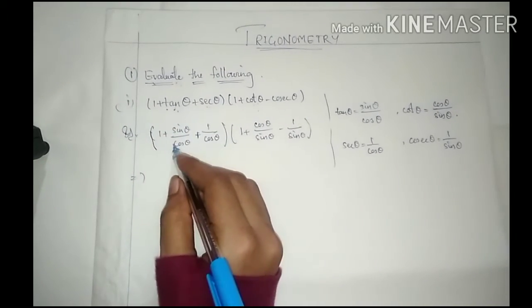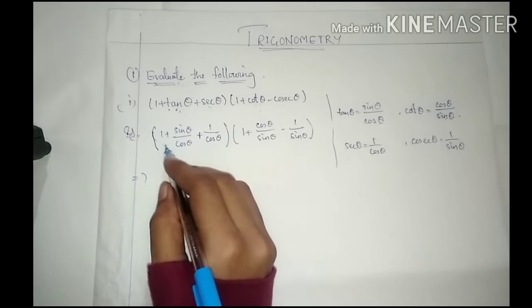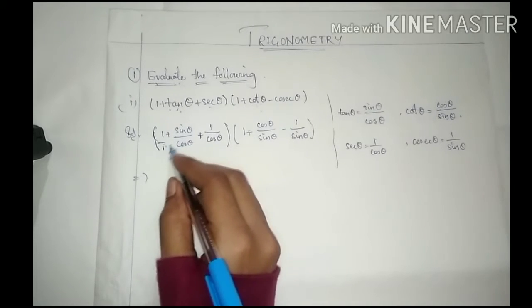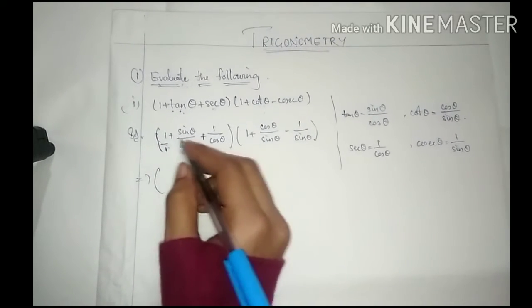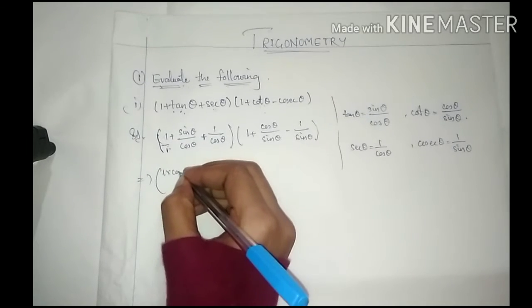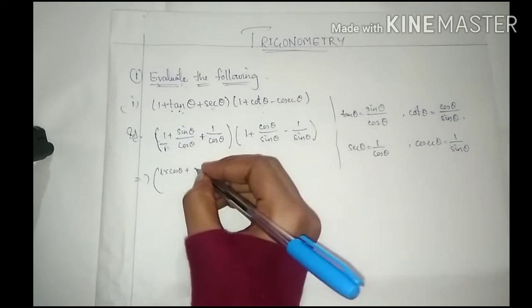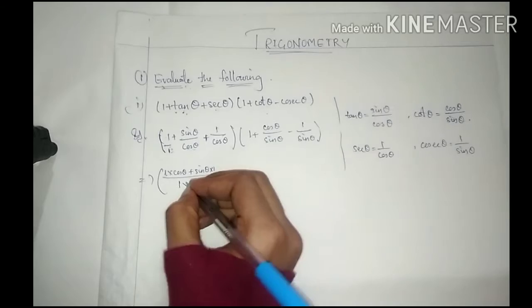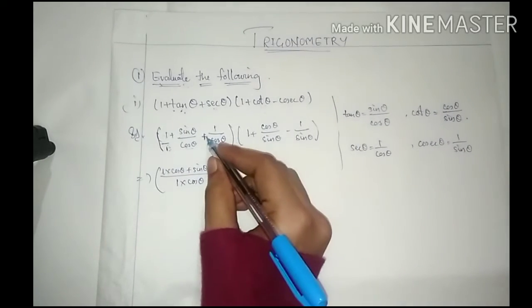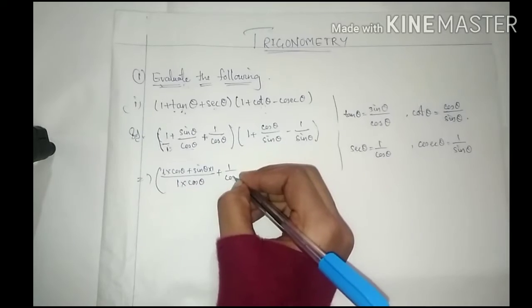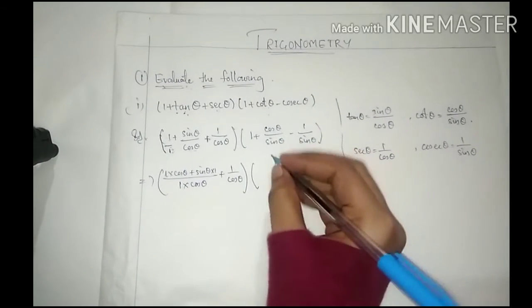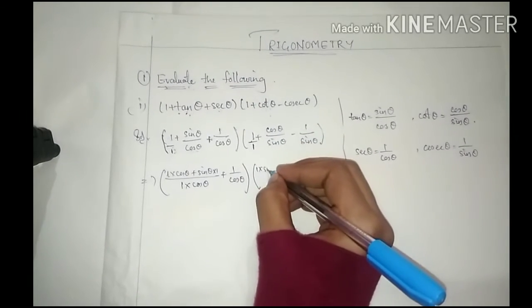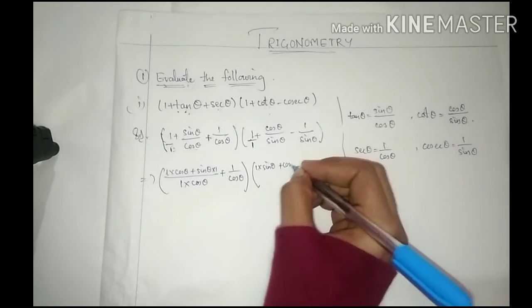Here what we will do, we will take these two terms first. Here you can see nothing is there, so it will always be 1. So we are cross multiplying these two terms. We are taking 1 into cos theta plus sin theta into 1. In the denominator we are multiplying these two, 1 into cos theta plus this we are writing as it is. Similarly here the divisor will be 1, cross multiply 1 into sin theta plus cos theta into 1.